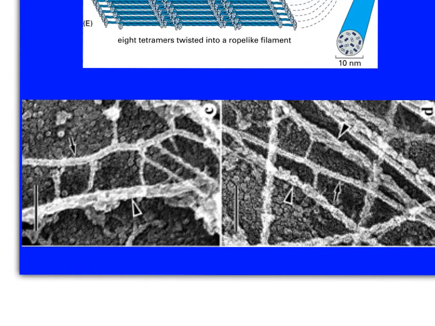So in this EM picture, they're showing you, if I show you this structure compared to this structure, which one is which? Here's one with an arrowhead, and here's one with an arrow. Which one is which?